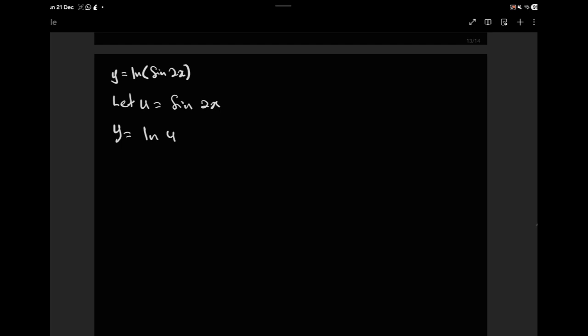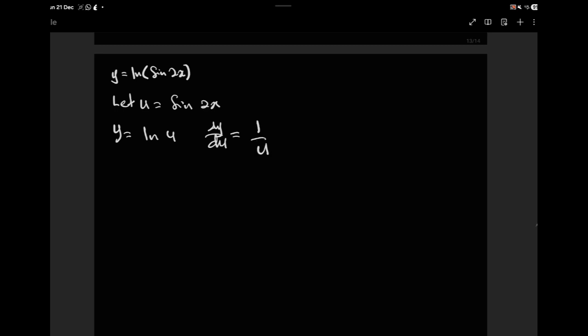So with that, let's find dy dx. In finding dy dx, we will first need to look for dy over du. So we have dy over du equal to, from ln x becoming 1 over x, here ln u will become 1 over u.